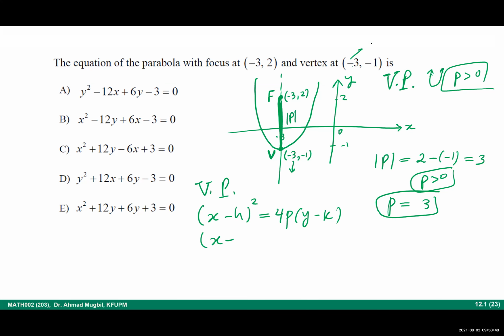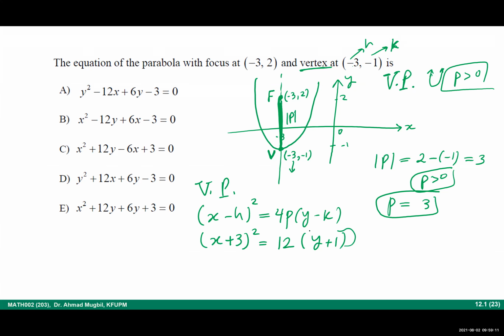This is h, this is k, the coordinates of the vertex. So h is -3, so this will be plus 3, equals 4p. What is p? p is 3, so this will be 12. y minus k, k is -1, so it will be plus. Negative, it will be positive 1.